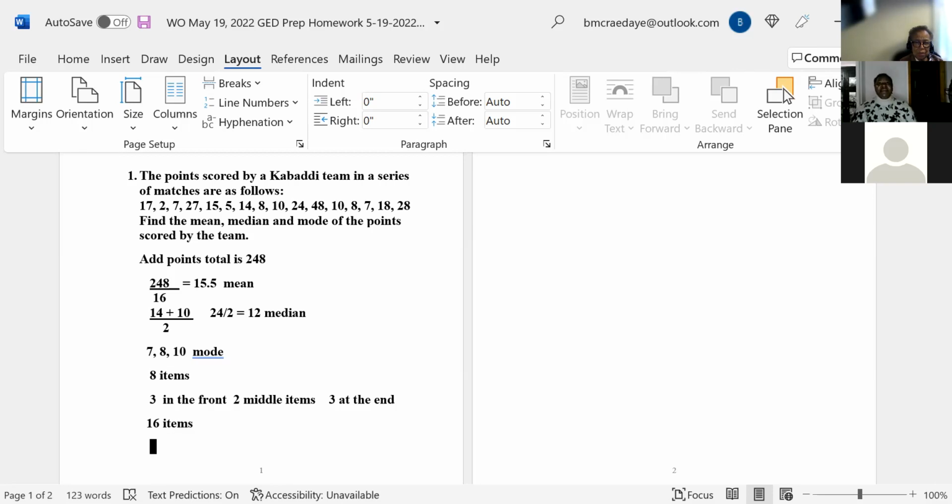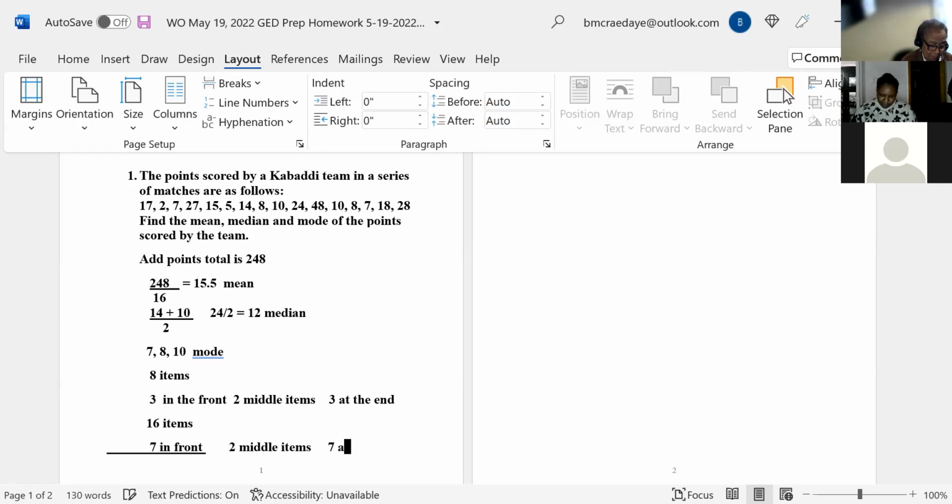Half of 14 is 7. So then you'd have 7 in front, 2 in the middle, and 7 at the end, right?